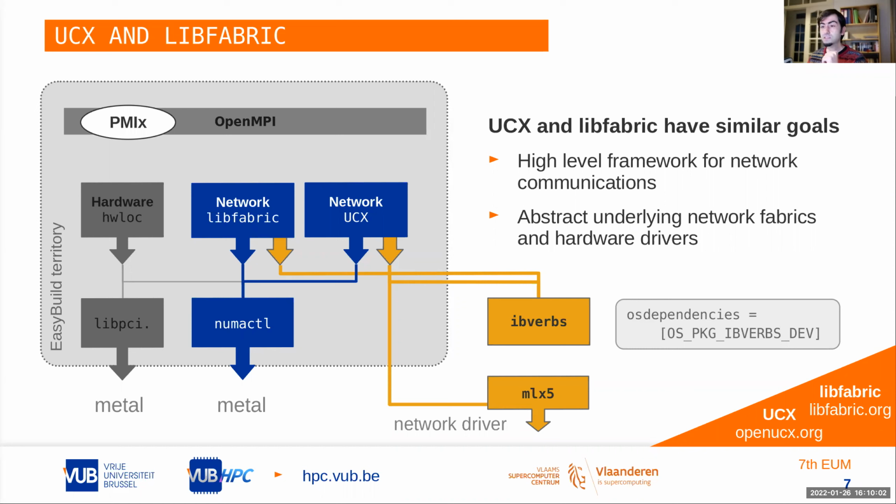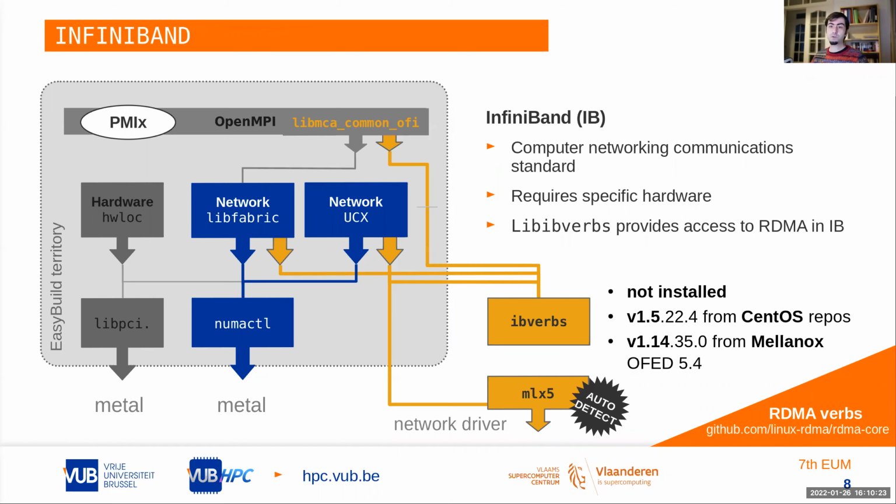And as they are configured by default in EasyBuild, you will see that both of them have an OS dependency on IB verbs. And IB verbs is the fabric of InfiniBand. And InfiniBand requires specific hardware actually to work.